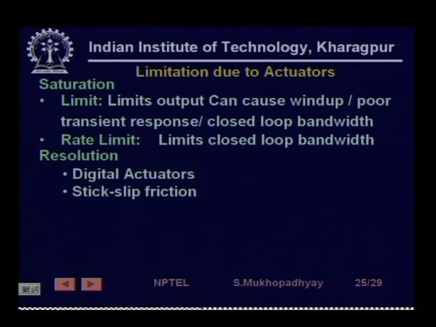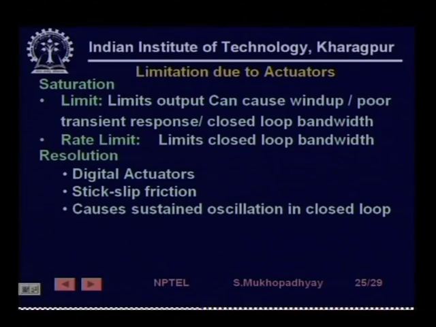Similarly, sometimes resolution: some actuators cannot make small movements because of stick slip motion. So, if they move, they will move and then they will get stuck. If you have such stick slip motions, then because of resolution the actuator keeps oscillating. It will move there, that is actually too much correction, it will come back again, it will move there.